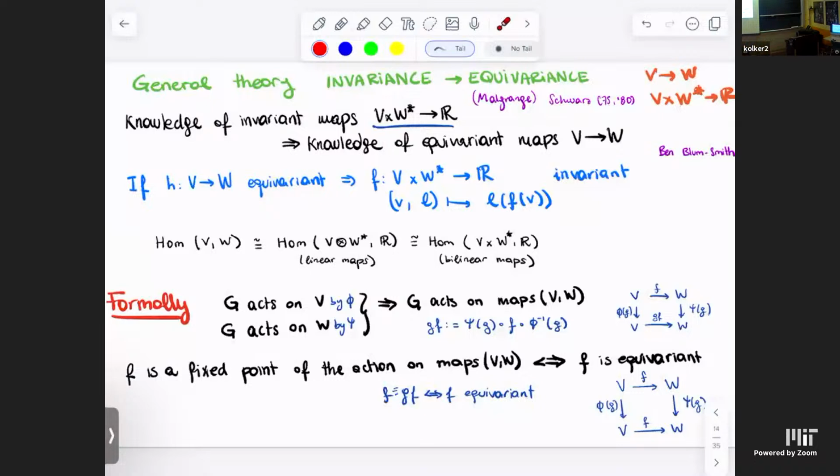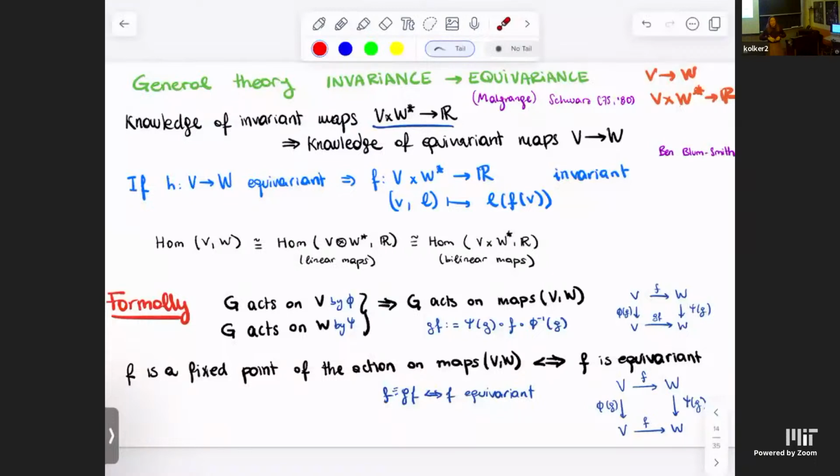Just to check, is there a continuity assumption on the functions or anything in that result, like on the equivariance or invariant coefficients? This construction is an algebraic construction, so it's valid for polynomials and also for smooth functions. In some cases you can have a continuity assumption.